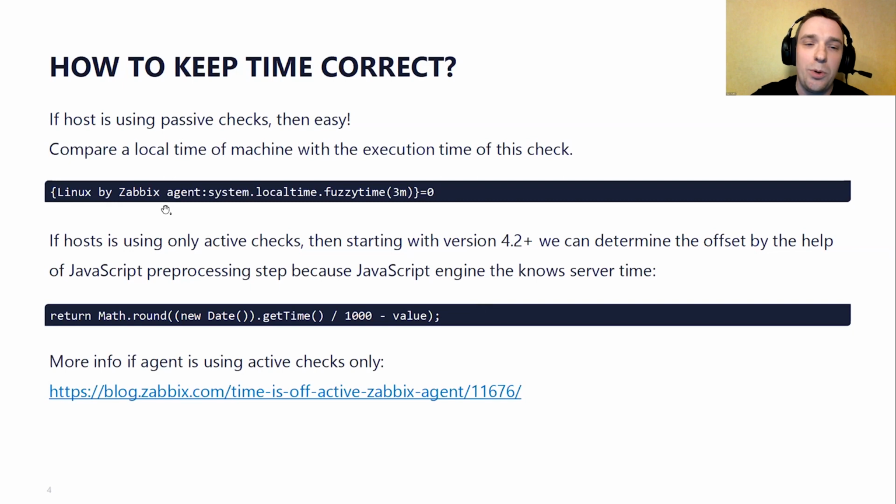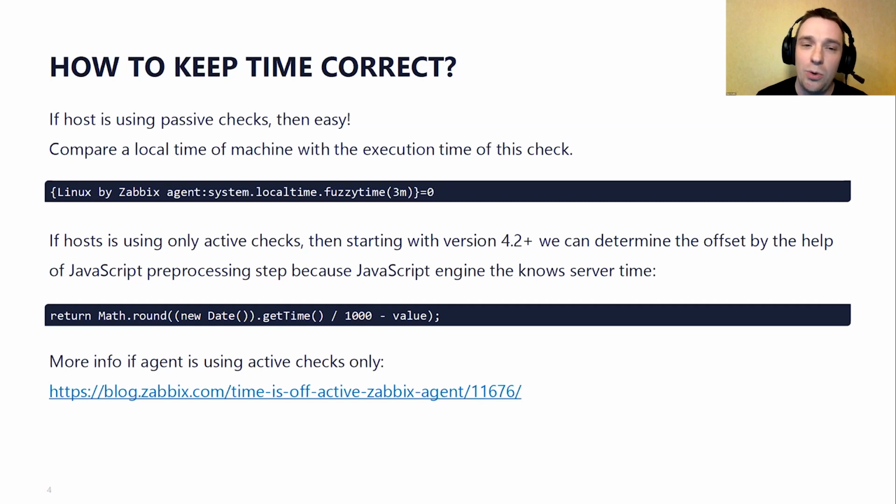There will be an item which downloads the local time of a machine, and there's a trigger linked on this item, like fuzzy time. What it does is grab the local time of a machine and compare it with the timestamp of the check.